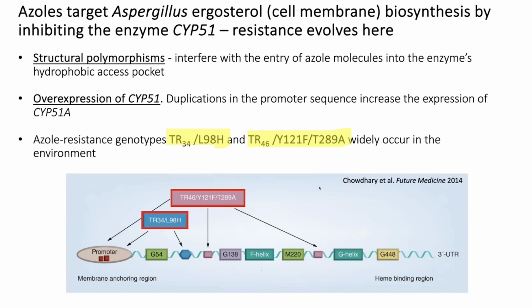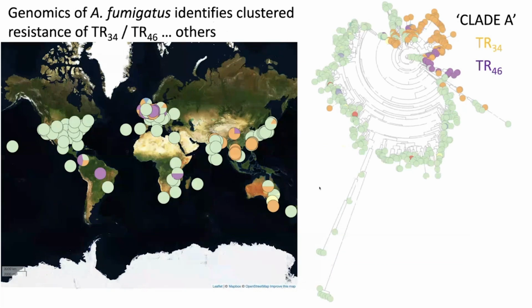When you see azole-resistant Aspergillus in the environment, there's a tandem repeat in the promoter region and some SNPs, and these account for well over 90% of the resistance that you'd see occurring widely in the environment.